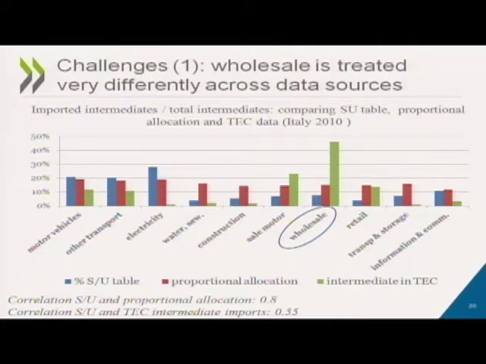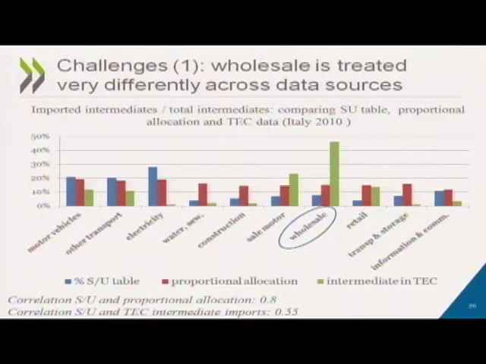There you see the big green bar indicating the problem we encounter in the wholesale sector: too much trade gets attributed to the wholesale sector and is not redistributed to the subsequent firms who are using the imported products within their production. So it becomes very difficult to use the TEC data to make proper calculations.